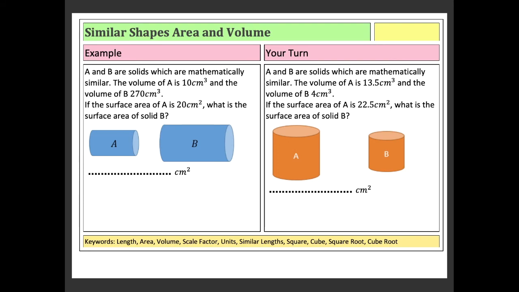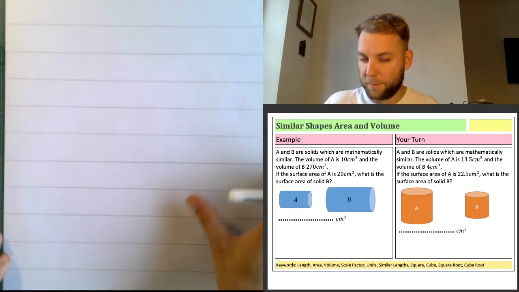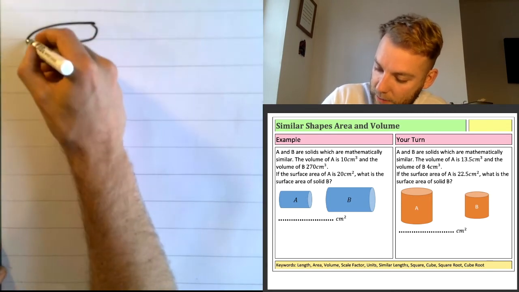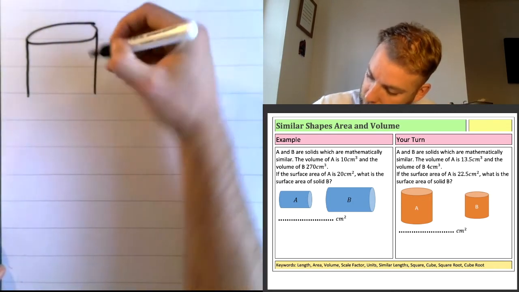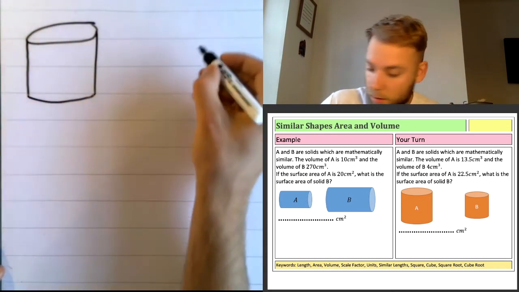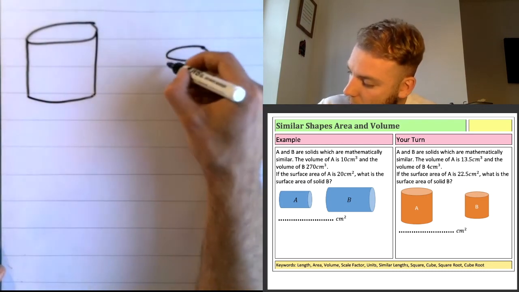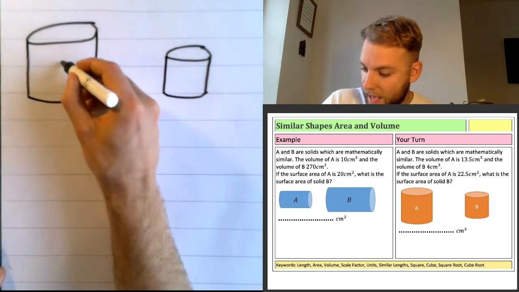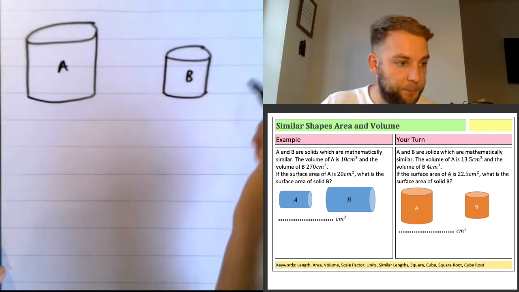Let's have a go at it together then. A on the left is bigger this time. So here, A is bigger, like so. B over here. And A is there. B is here.